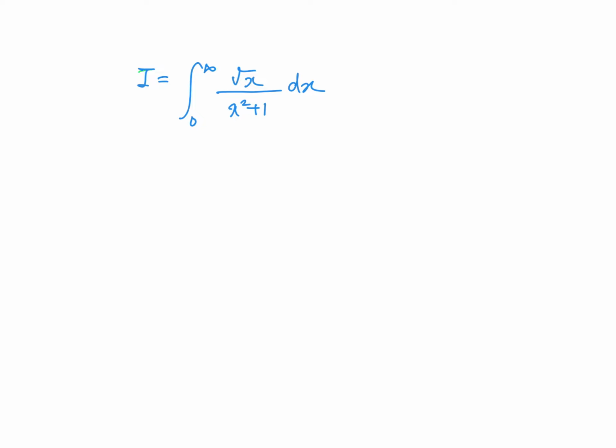Square root of x. So this function actually comes from the case for the gravitational interactions whenever we have 1 plus x squared in the denominator.